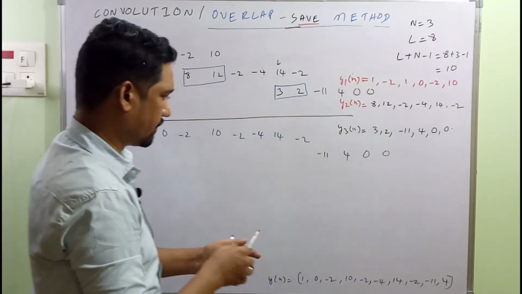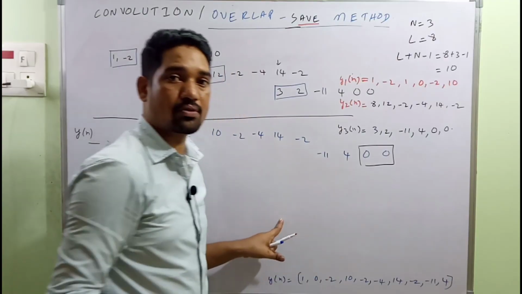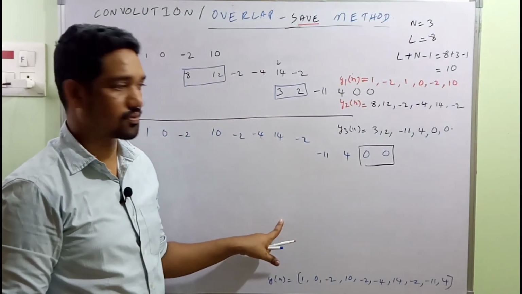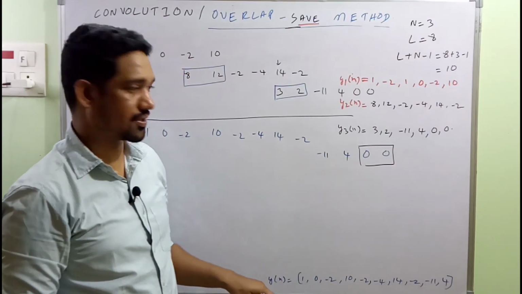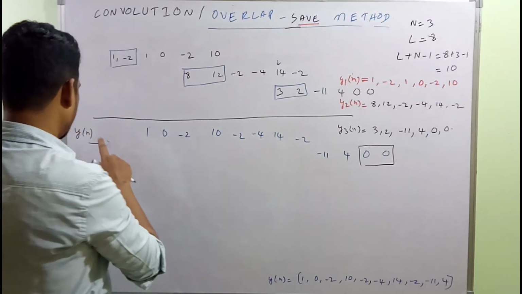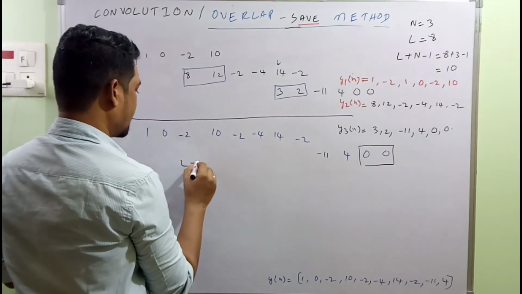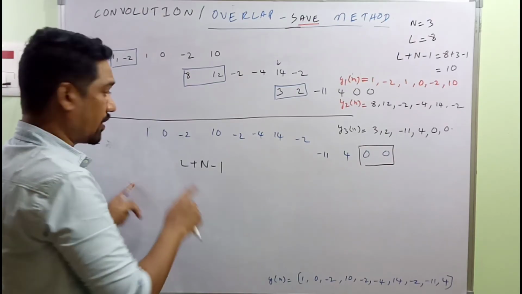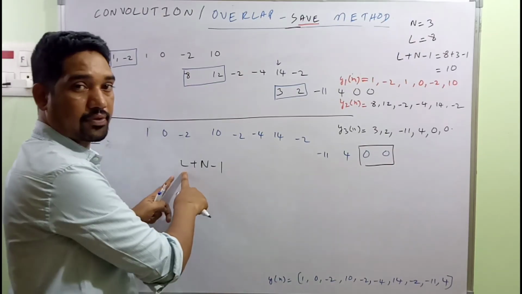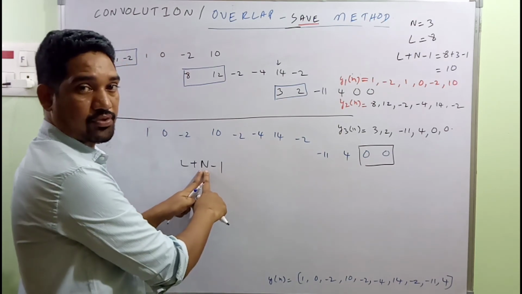We have to do something with the zeros over here. Some authors say 2 zeros were padded at the end, so that can be neglected. And some experts say the length of y of n should be L plus N minus 1, L being the length of the sequence x of n, and N being the length of the impulse response h of n.